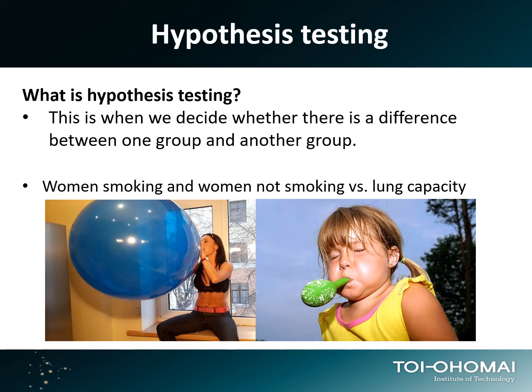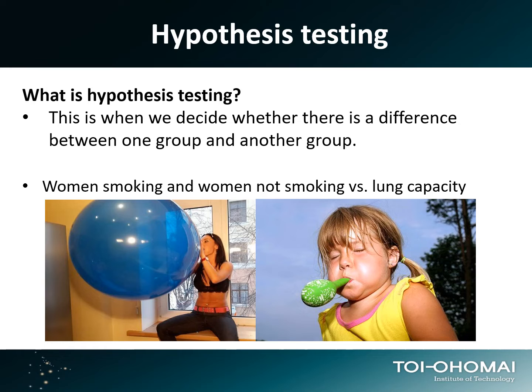Well, really what we're doing is deciding whether there's a difference between the means of one group and another group. So when we're thinking about women smoking and not smoking versus lung capacity, we take the women in the smoking treatment group and the women in the control group, and we see what their mean lung capacity is, and then we see if there's a difference between those two groups in their means.